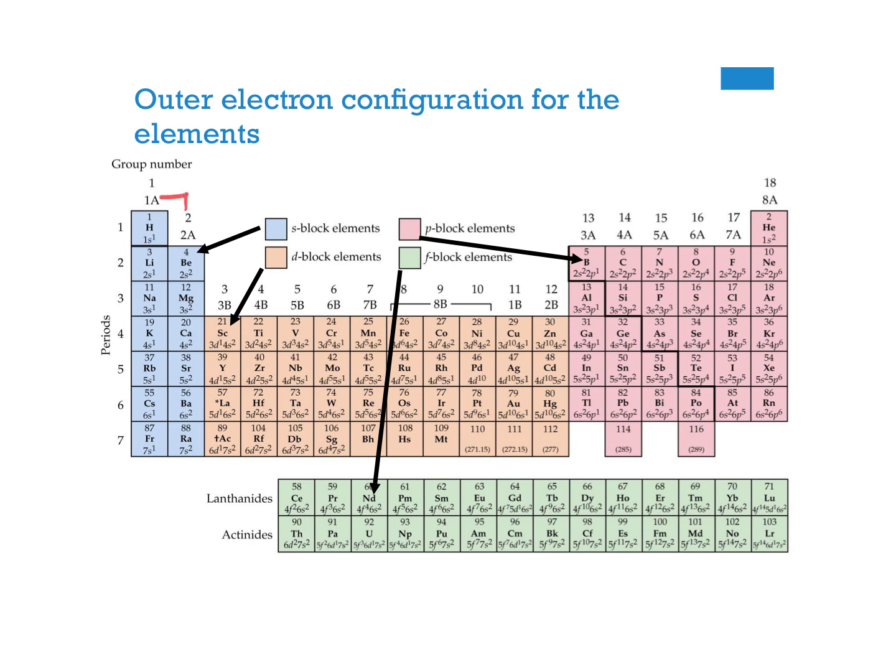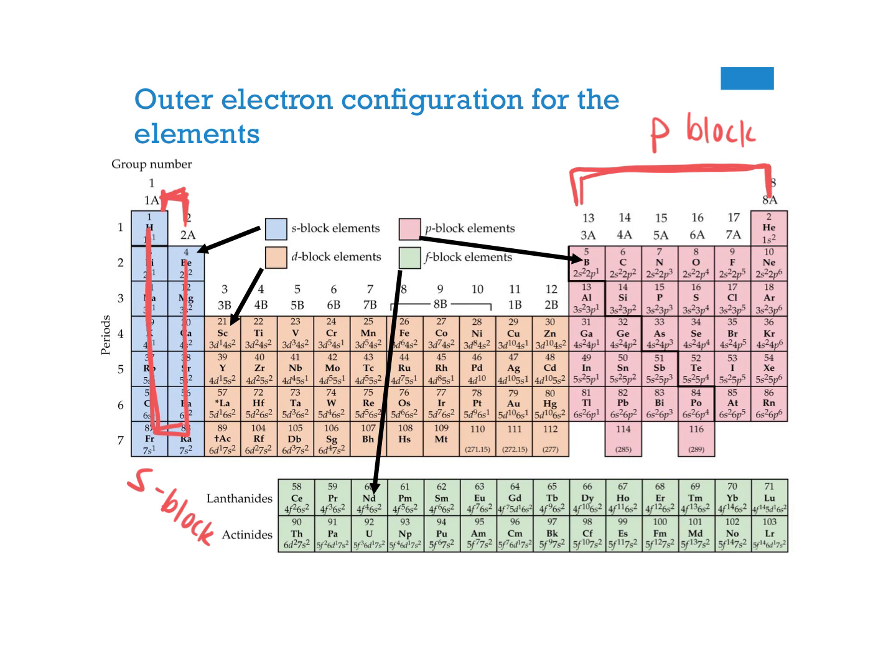These two groups right here, the blue, group 1 and group 2, are considered S block elements. Okay? This group over here, these 6 groups over here, are the P block.